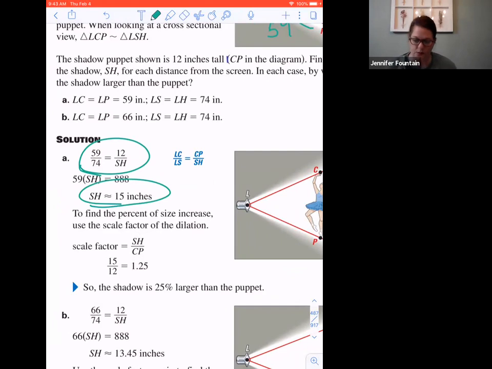Let me show y'all how they got that. So let me say that's 888. 888 divided by 59 is like 15.05 something, something, something. So they just rounded it.